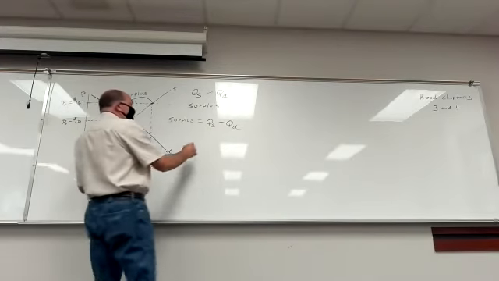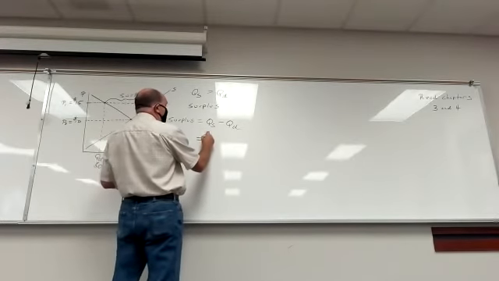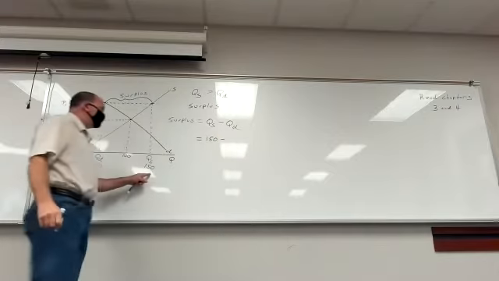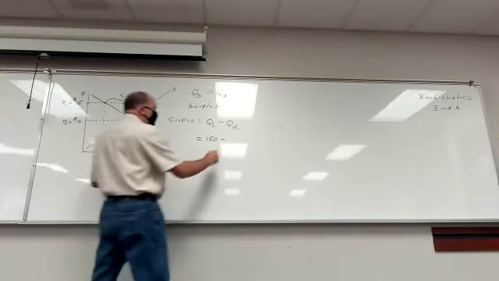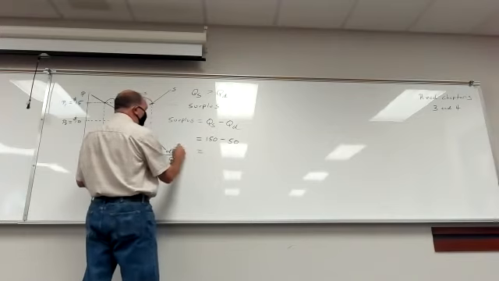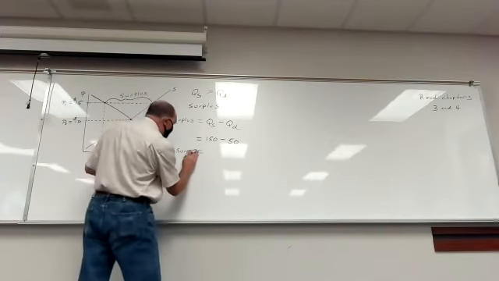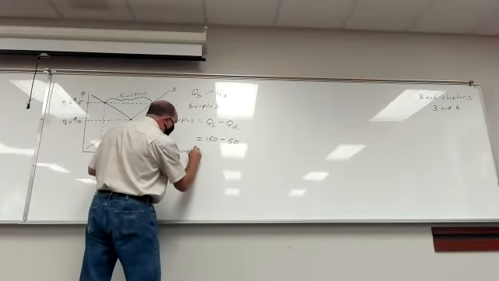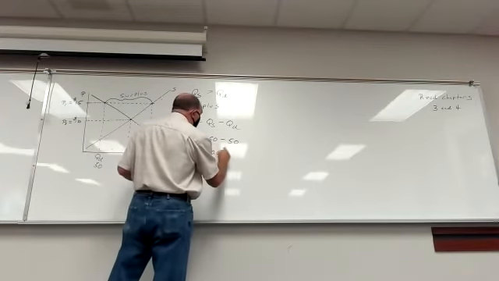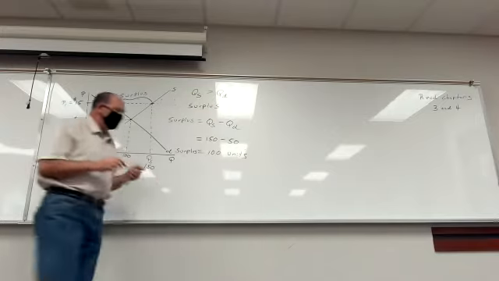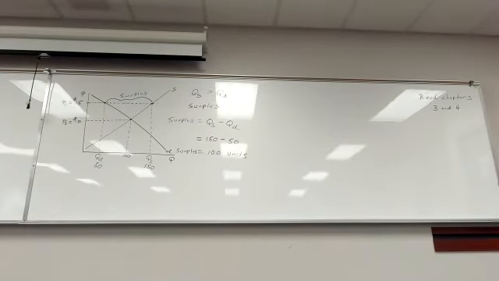At the price of $15, the quantity supplied is 150 units and the quantity demanded is 50 units of the good. So the amount of the surplus is equal to 100 units of the good. That's how you recognize and measure the amount of the surplus.